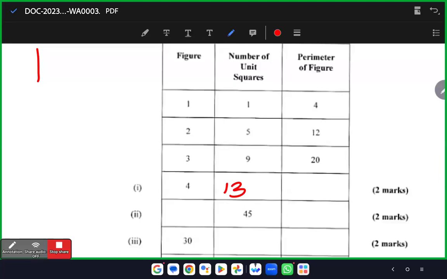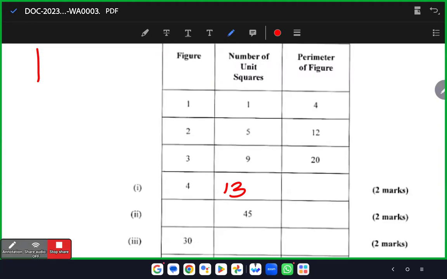For the second part of the question here, as you can see, we're looking at the perimeter. So the perimeter of the first figure is 4. Right? The perimeter of the second figure is 12. And the perimeter of the third figure is 20. If you look at the difference of these numbers, there's a difference of 8.